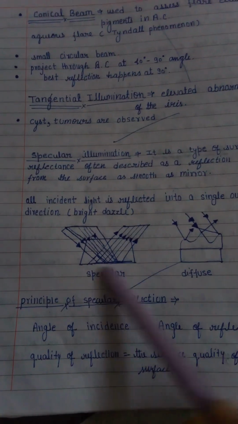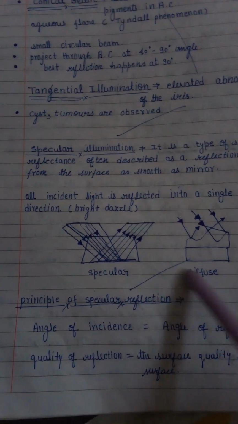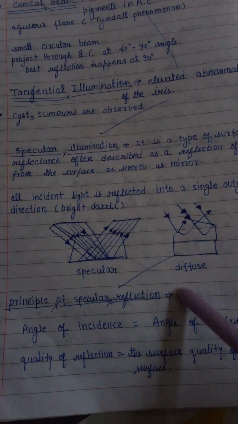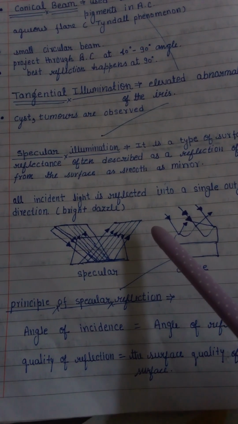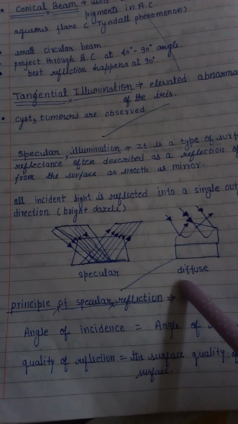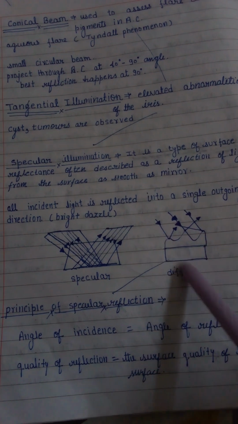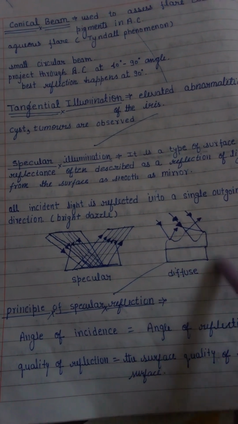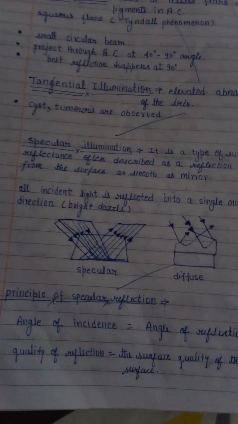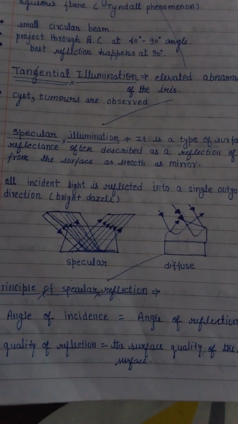So this is the specular reflection, and here you can see the diffuse illumination, where the angle of incidence and angle of reflection are different. So this is the main difference between specular and diffuse illumination.